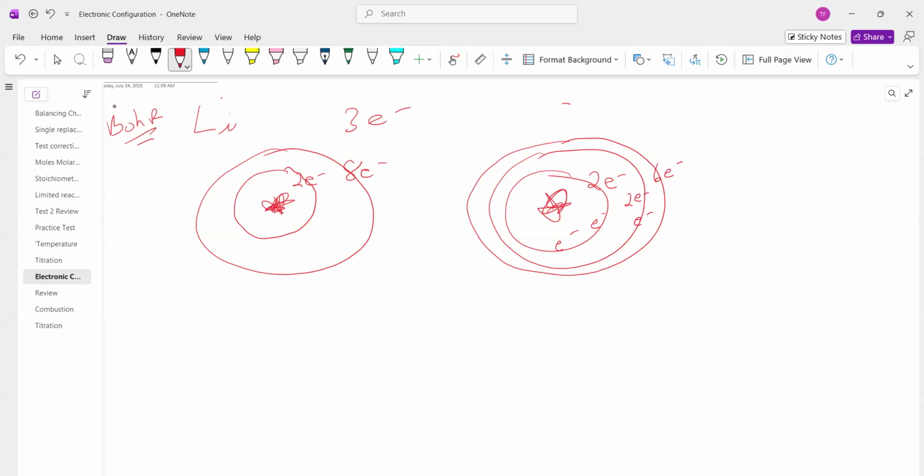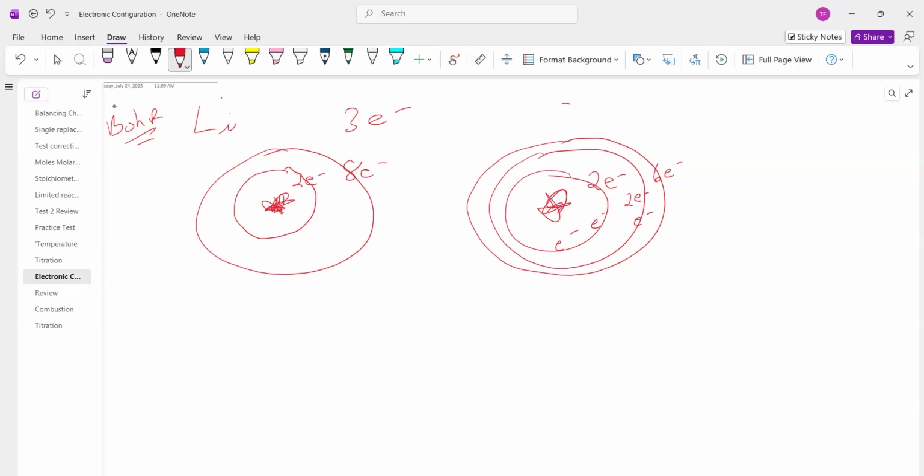We're going to use a little different system. Again, this electronic configuration means that for every electron, there's going to be a unique identifier or configuration for that electron. So we've got 3 electrons for lithium. It means we're going to have 3 different configurations, 1 for each electron.